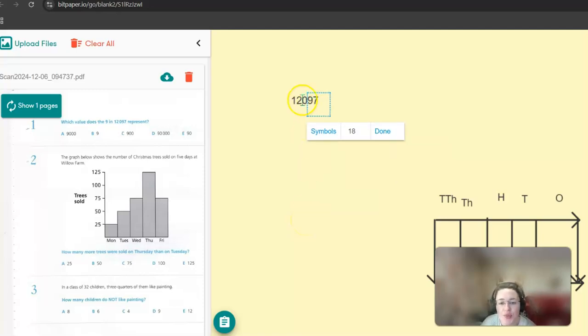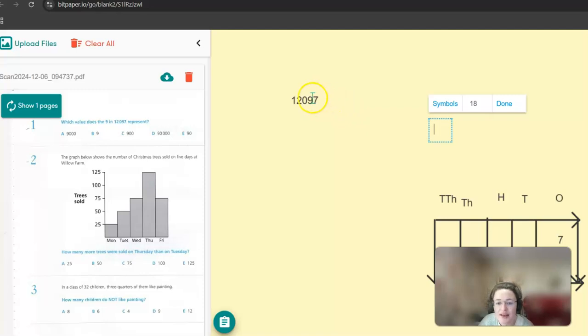Okay, so first of all, taking this number 12,097 and putting it into the grid. Well, we'll start with the ones. So in this number, the number 7 is representative of 7 ones. It means what it says. It means there are 7 ones in the number 12,097. Okay, so now let's talk about this 9, that 9 that is actually the 9 we're being asked to think about in the question.